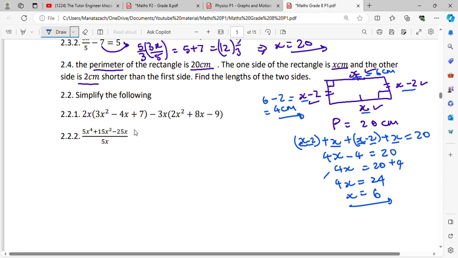Okay, let's go over to question 2.2. Simplify the following. 2.2.1. Remember, you're not factorizing. That means you have to multiply each and every term that is inside the bracket. So let's write 2.2.1 as it is.